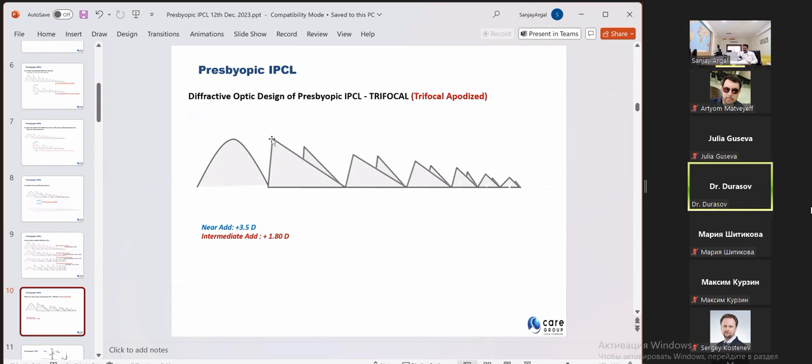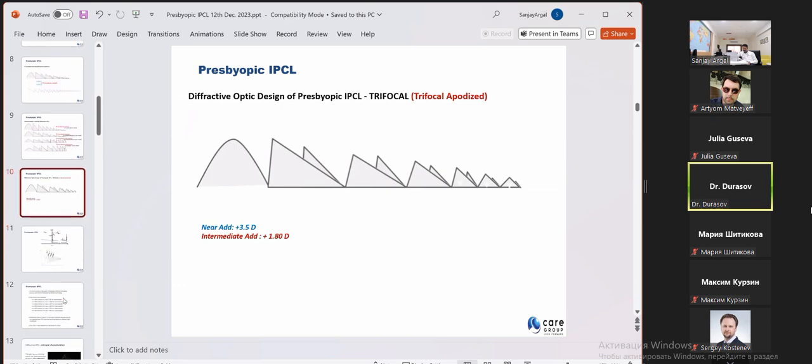These are angulated steps. So this unique design allows us to control the loss of light, which is about 8%.